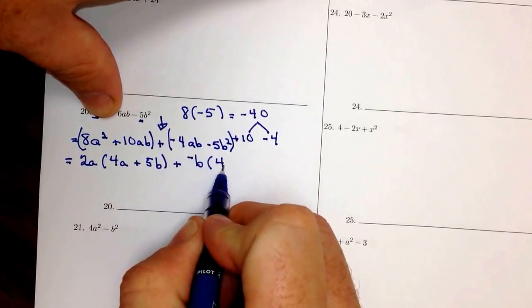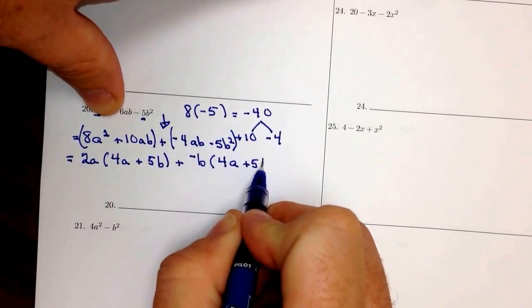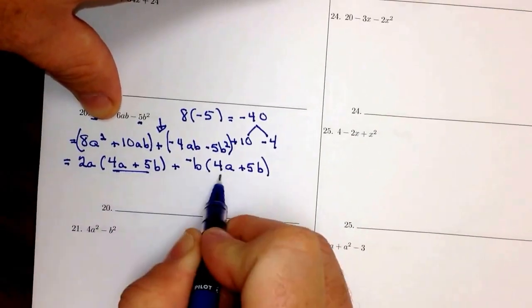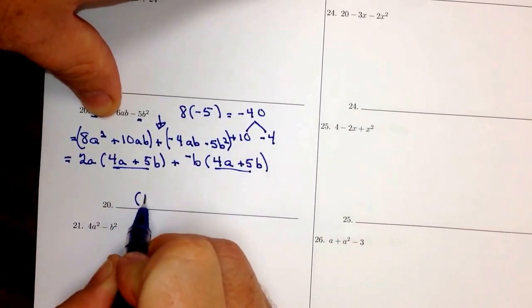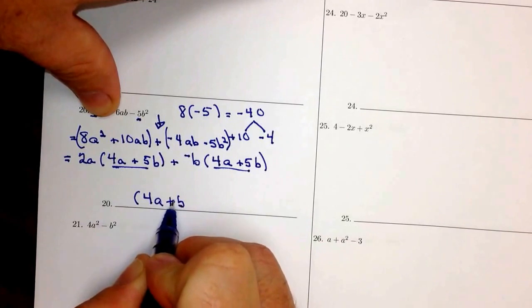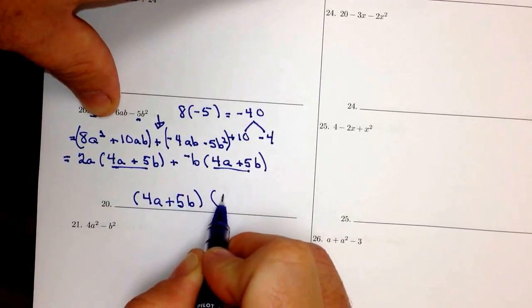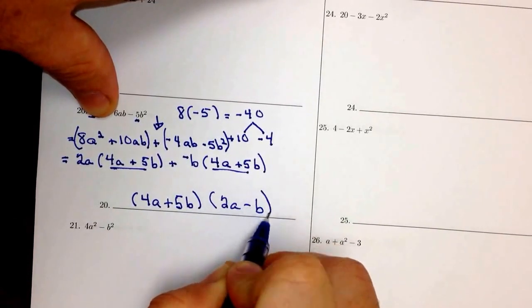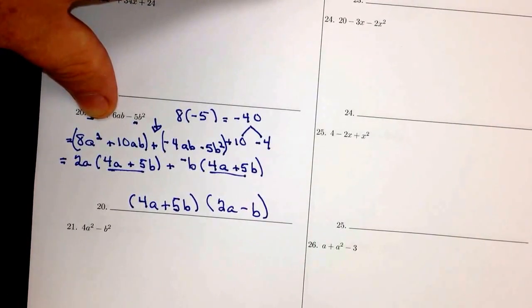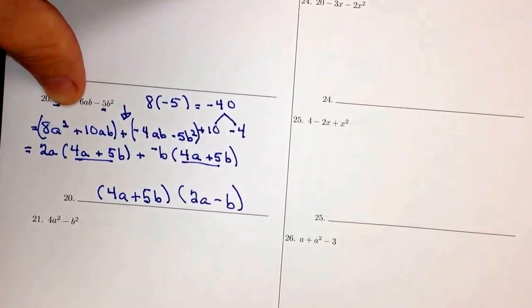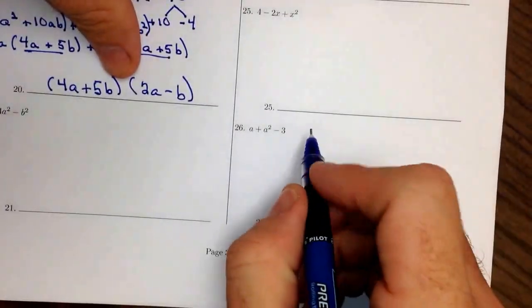That leaves me with 4a plus 5b. That's exactly what we want. We have the same factors here. So we're left with 4a plus 5b times 2a minus b. And that's it.